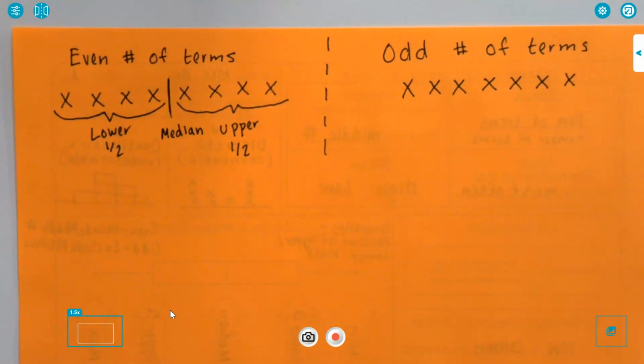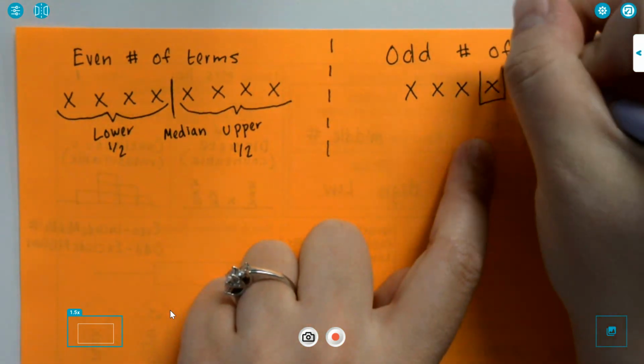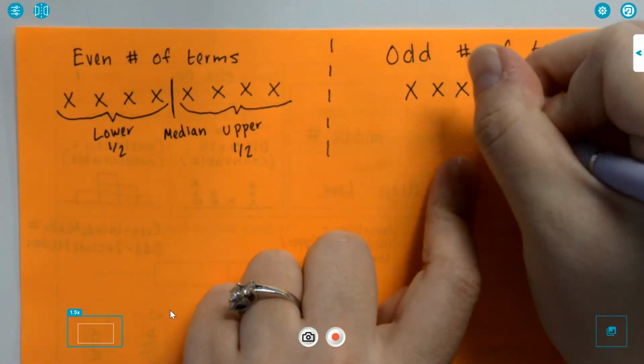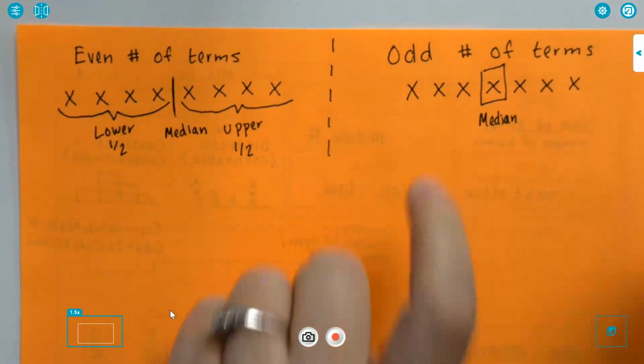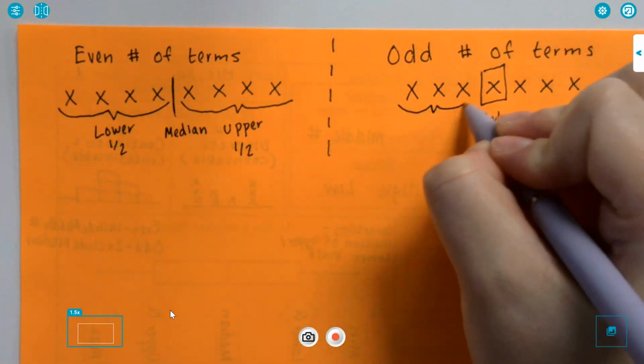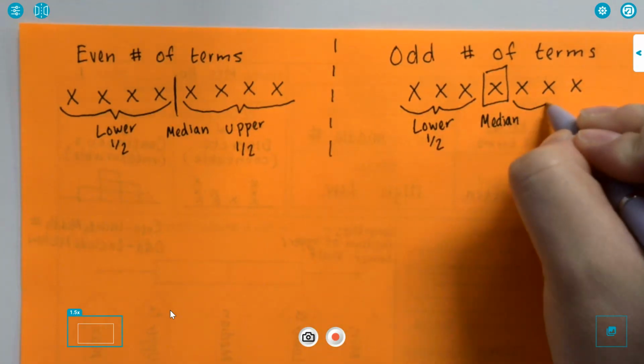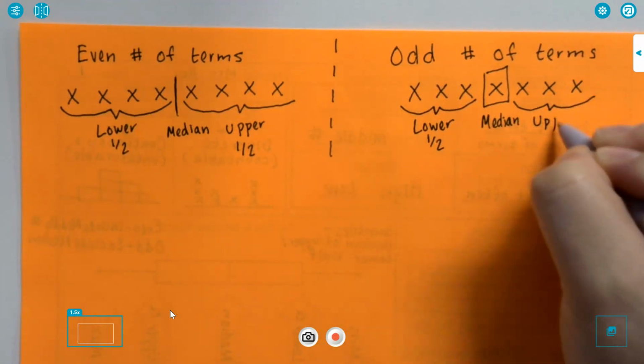If I have an odd number of terms, to find my median, 1, 2, 3, it would be this number. So that would be my median. It's not in the lower half or the upper half. So I would just use these 3 numbers as the lower half. And I would just use these 3 numbers as the upper half.